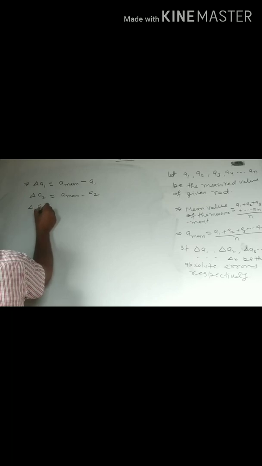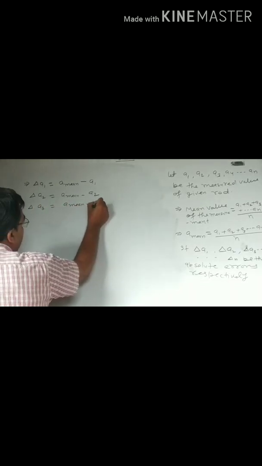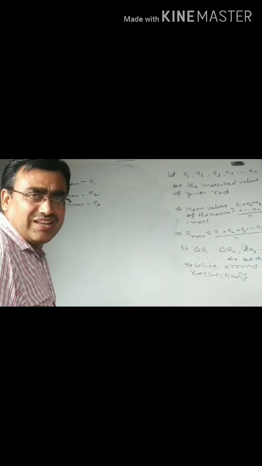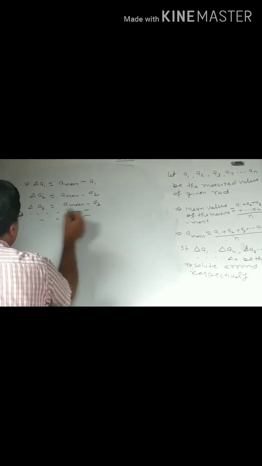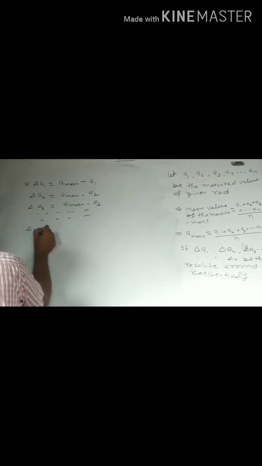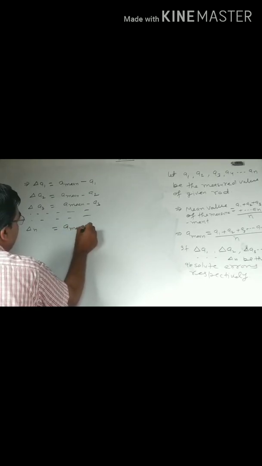Delta A3 is equal to A mean minus A3. And that implies delta An is equal to A mean minus An. Okay.